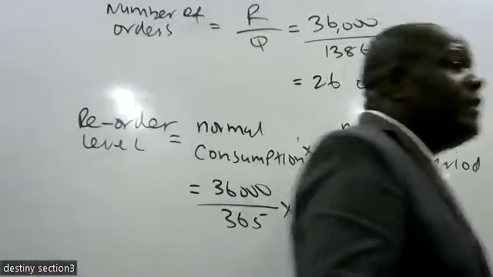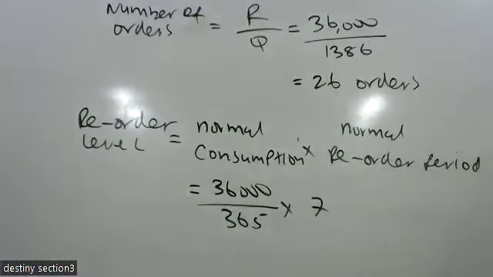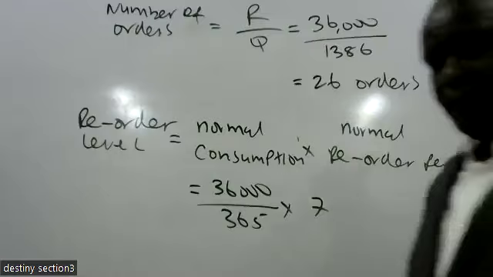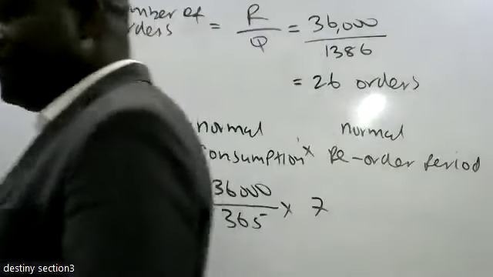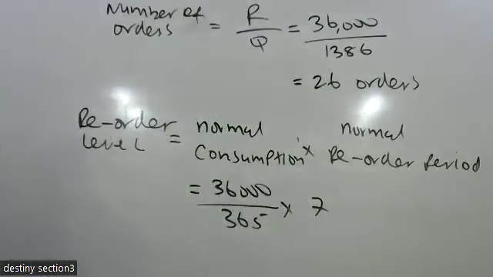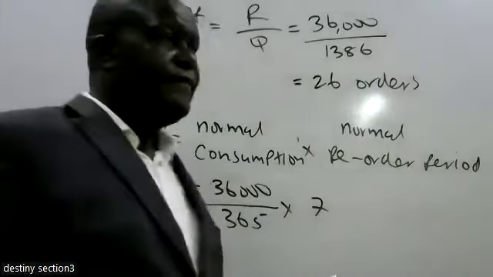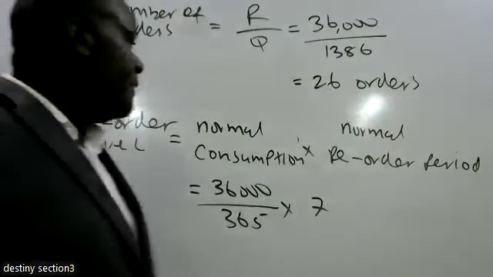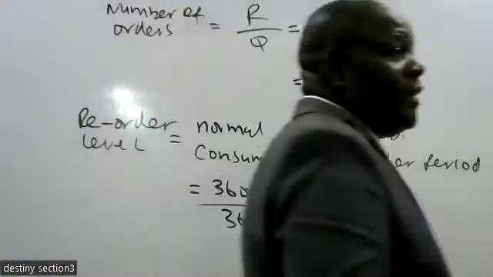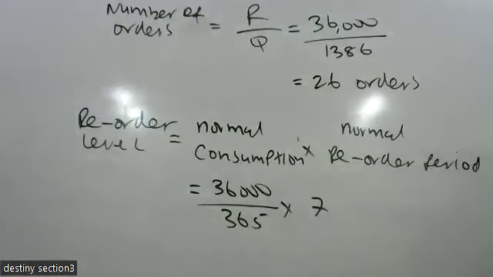That will give you the reorder level. So it has given us which here. You get 690. So that is now what we should be able to have for that Roman letter 3.